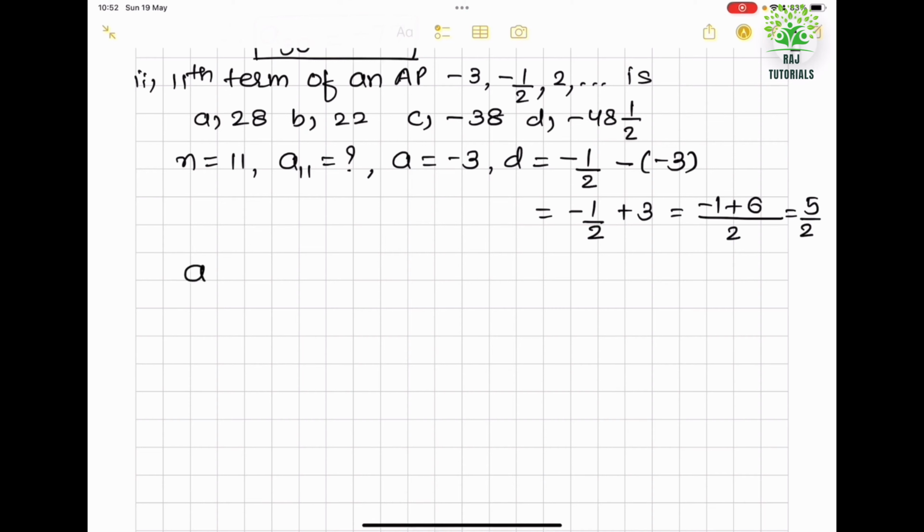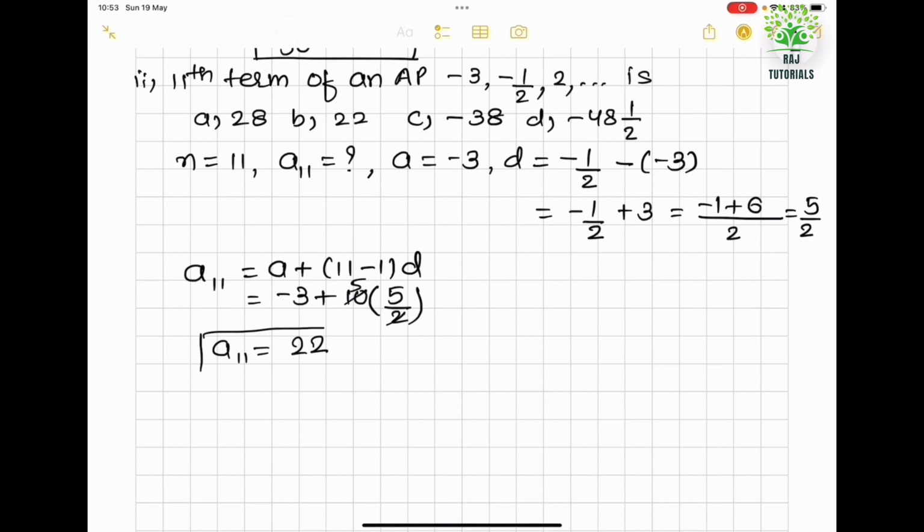Now I need to find A11. So A plus 11 minus 1 D. So that will be A which is minus 3, plus 10 into 5 by 2. So 2 5s are 25, minus 3. So that will be 22. So A11 will be 22.